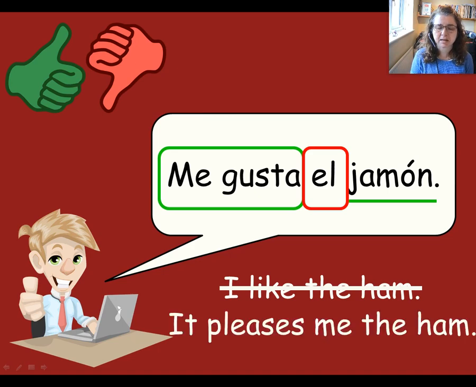It actually means it pleases me, the ham, because there isn't a way in Spanish of actually saying I like. You have to say that something pleases you instead. And this sentence says, me gusta, it pleases me, el jamón, the ham. It sounds much more sensible in English, doesn't it, to say, I like ham. Me gusta el jamón, I like ham.